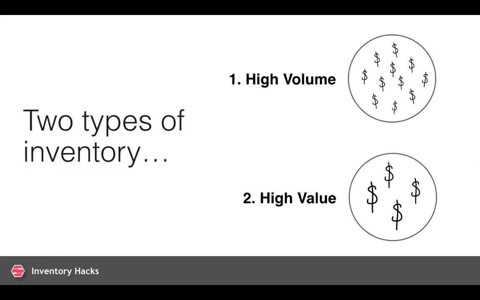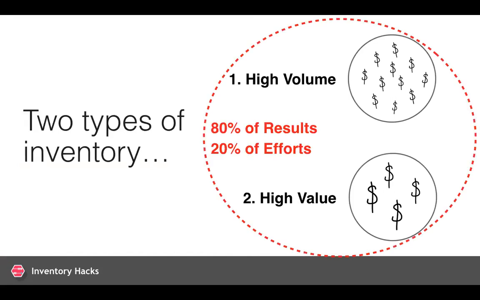And he said, we don't need to count all our products all the time. It would be impossible, and it would be a massive waste of time. But those 20% of products that represent 80% of our business, that's what matters. Isn't that so interesting?